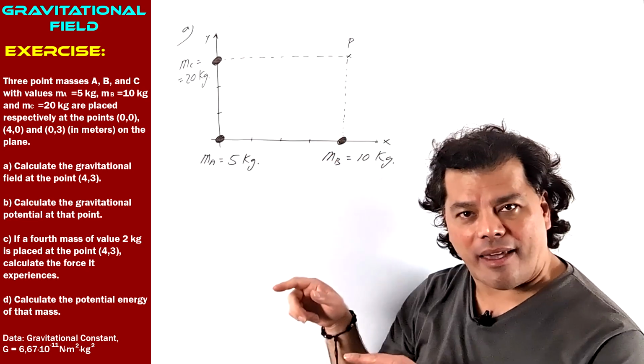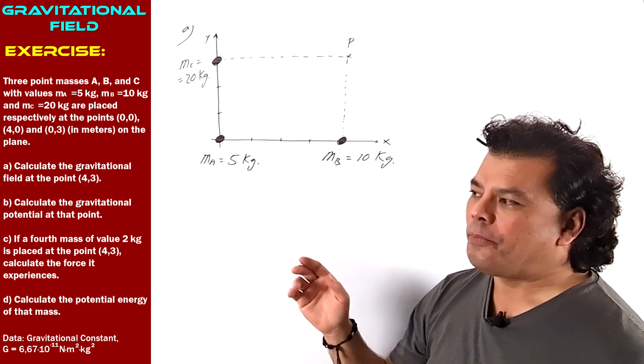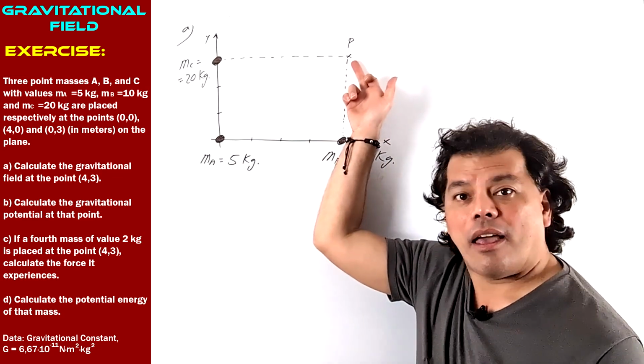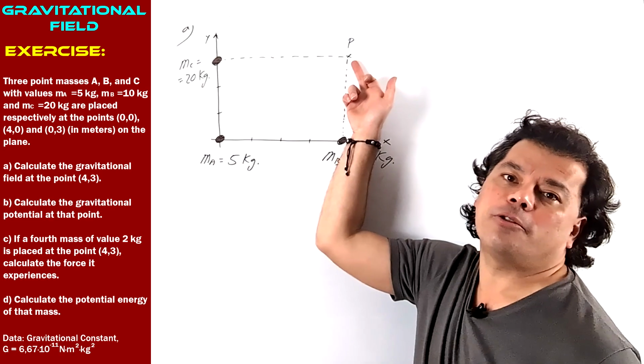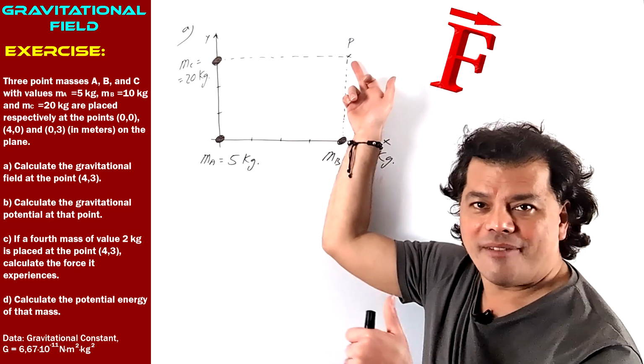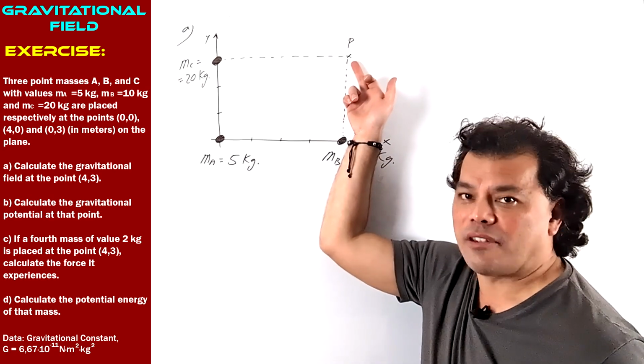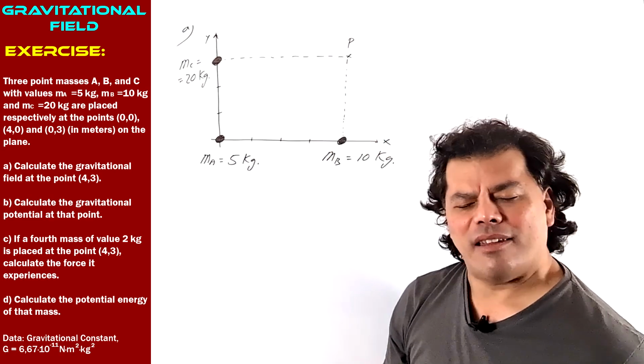But on the other hand, in sections C and D, we are placing a test mass at this point, and only in that case we will be able to calculate the gravitational force and the gravitational potential energy that this mass will suffer. Having said that, let's get to it.